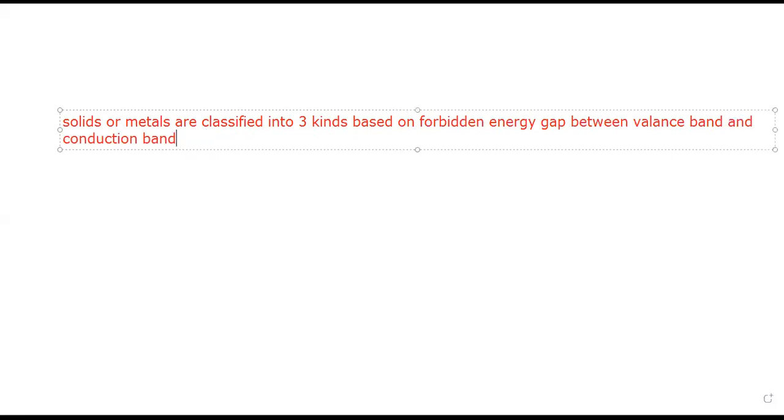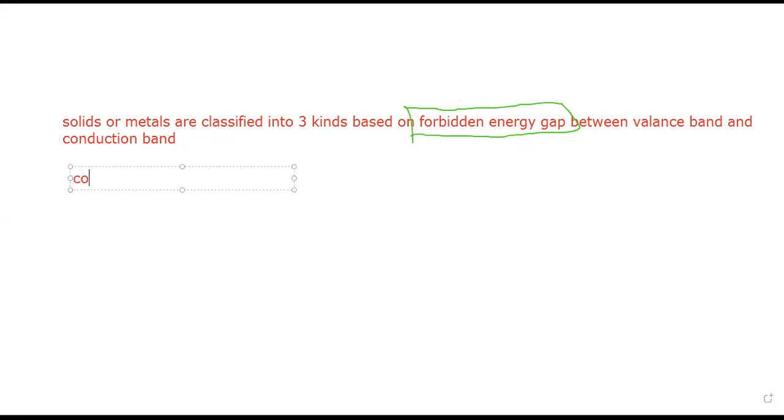Conductors, insulators, semiconductors. Based on which factor? Forbidden energy gap. Based on the forbidden energy gap, solids are classified into conductor, semiconductor, and the third one, insulator.